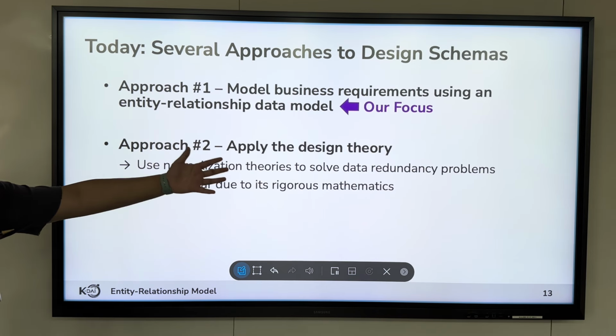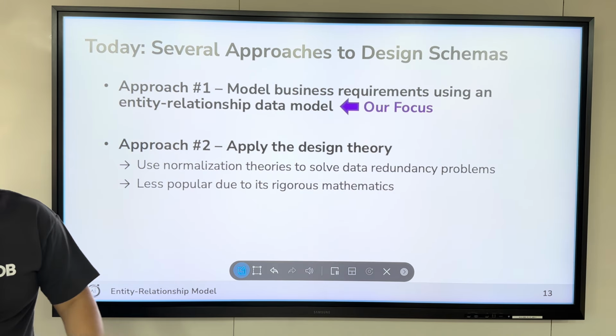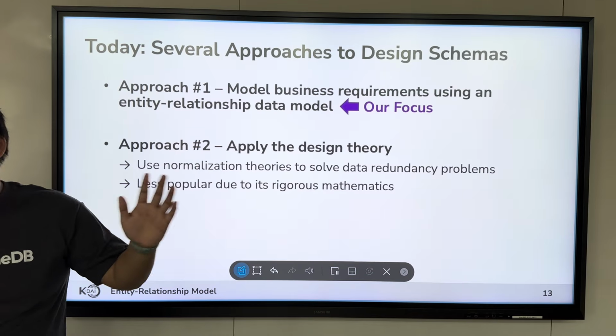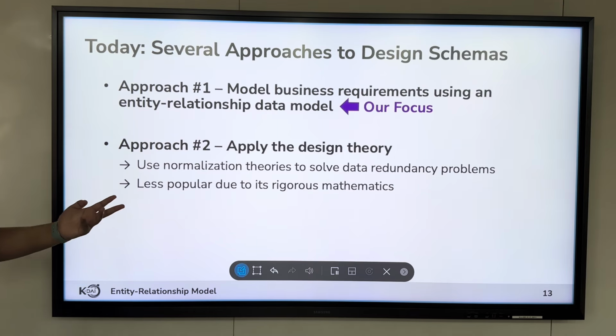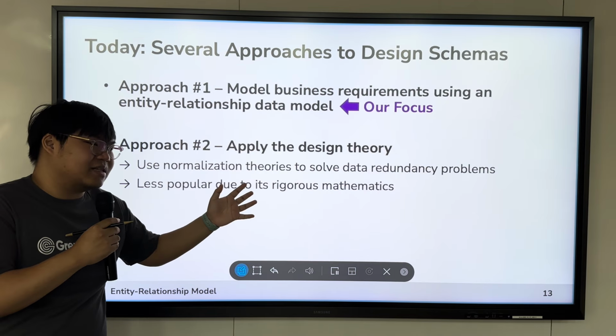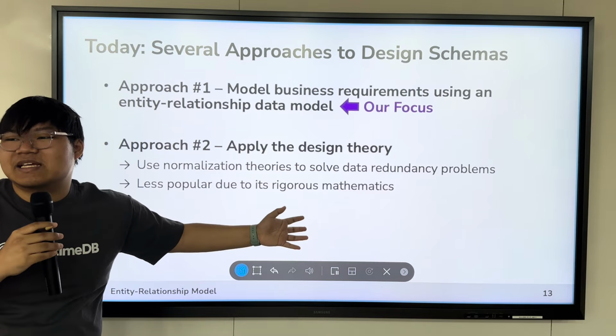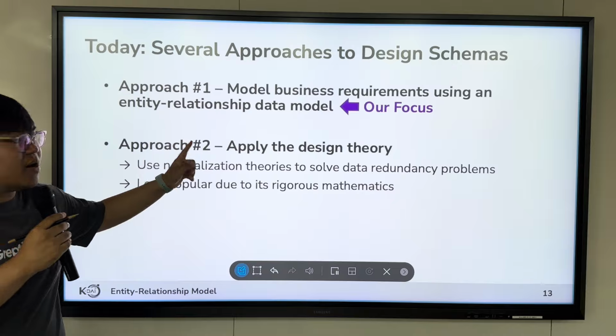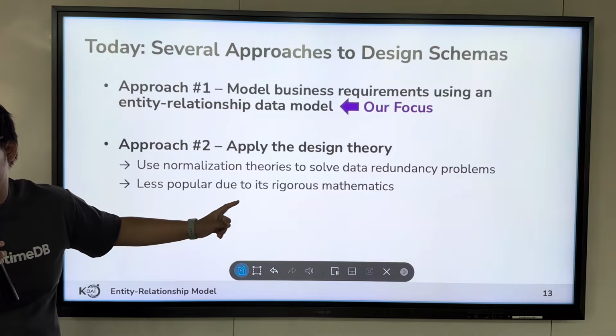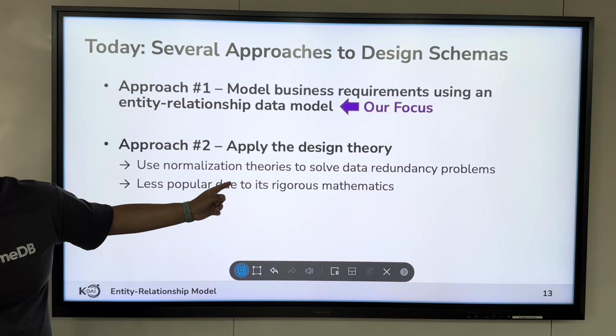It helps you solve data redundancy problems, definitely. But for the first problem, no, it doesn't help. I would say that it is not that popular because it's based on rigorous mathematics. Next week, we will talk about this, so you will see how hard it is, and it will be in the exam as well.